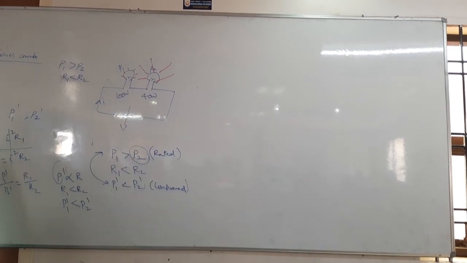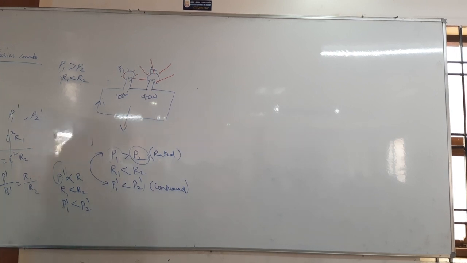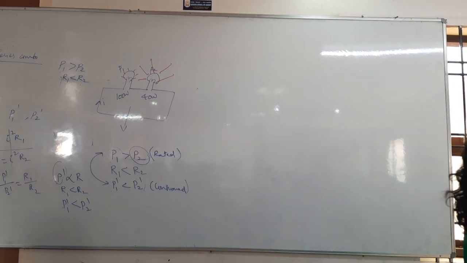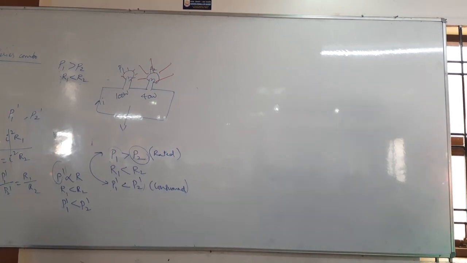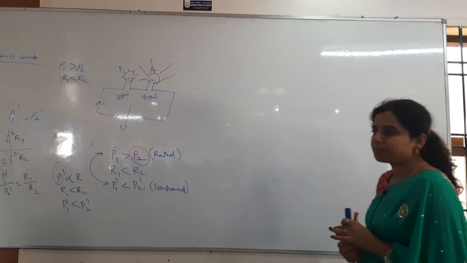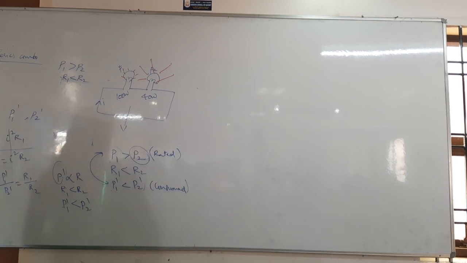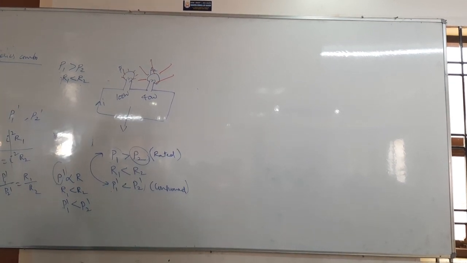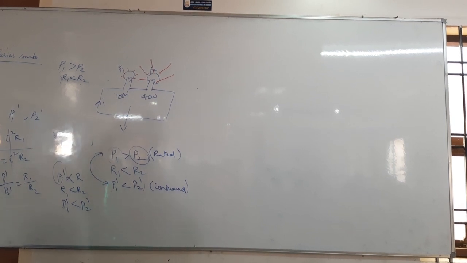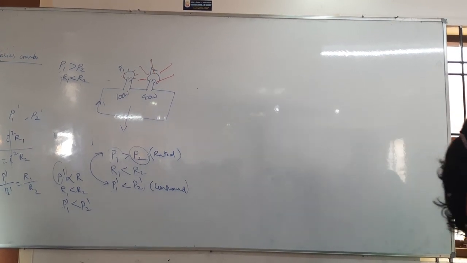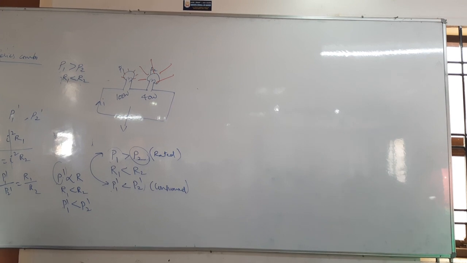To calculate the resistance initially of two bulbs, R is equal to, what is the formula? R is equal to V square by P. As R is inversely proportional to P, if P1 is greater than P2, then R1 is less than R2.